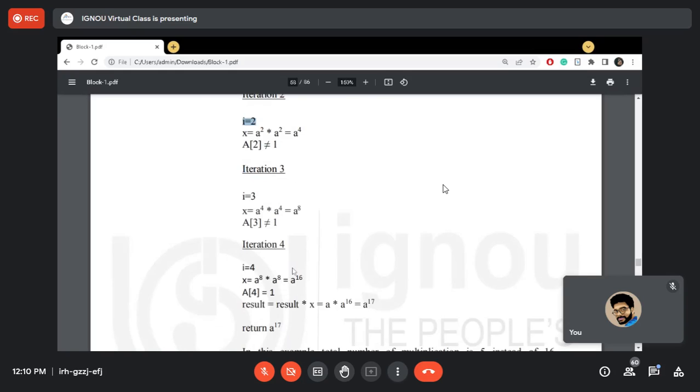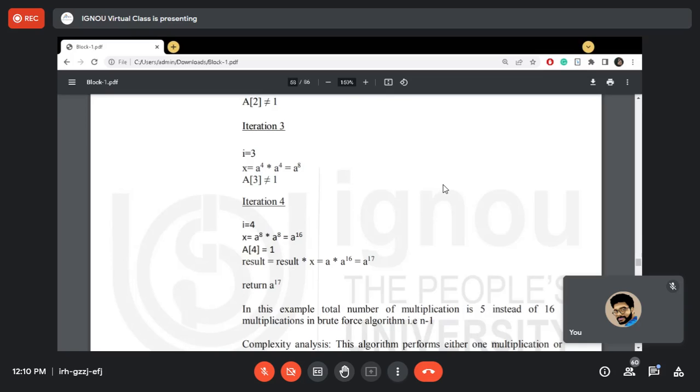Again, the third index value is not equal to 1. We increment the ith location and multiply x into x, that means a to the power 8 into a to the power 8, giving a to the power 16. When we see that the fourth location value is equal to 1, we multiply the result with the x value. So we got a to the power 17.